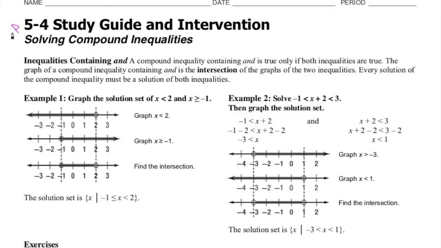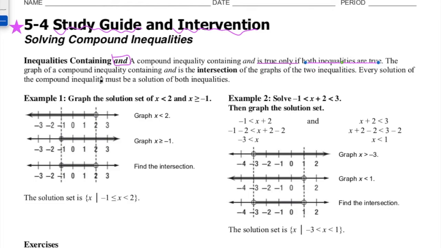For your 5-4 homework, I included the study guide and intervention sheet, which will hopefully give you one more resource to truly understand compound inequalities. So we have inequalities containing the word and that is true only if both inequalities are true.